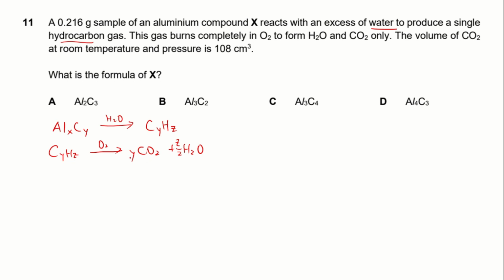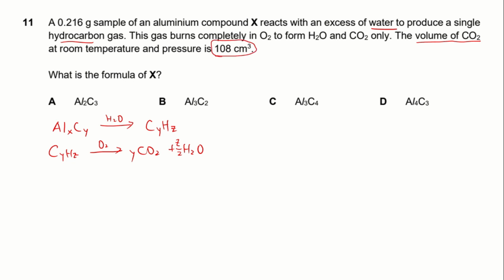Now we need this information because we need to know that this y here will give the number of carbon in the hydrocarbon, hence the number of carbon in the aluminum carbide. In the question, we are given the volume of CO2, 108 centimeter cube.